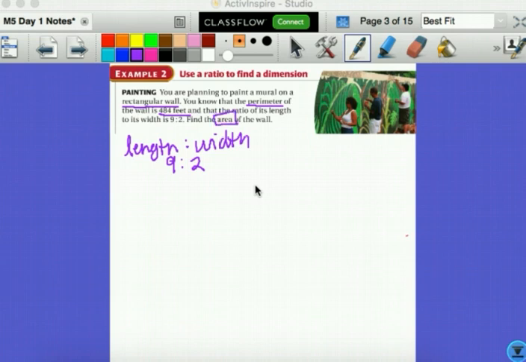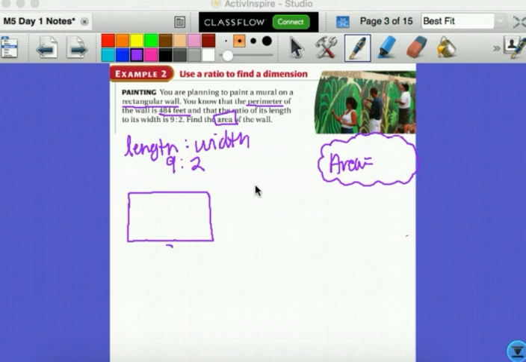So my end goal is to say the area is blank. So then, circling back to what I know, it's always a good idea to give yourself a picture if you can. So we've got a rectangle where we've got 9 times some number and 2 times the same number, because remember that a ratio has been simplified.